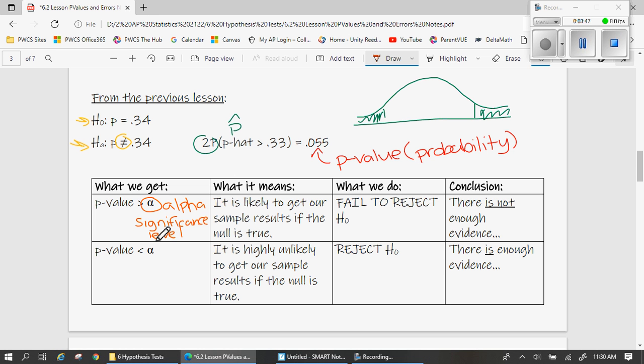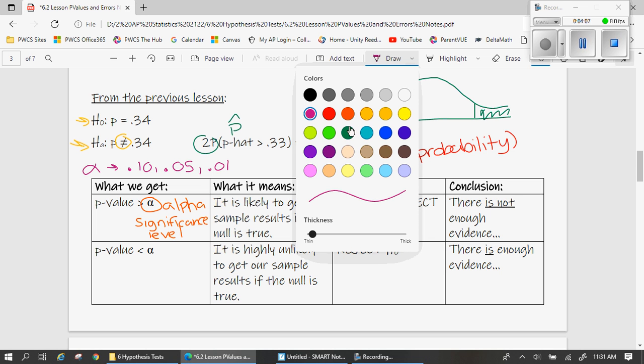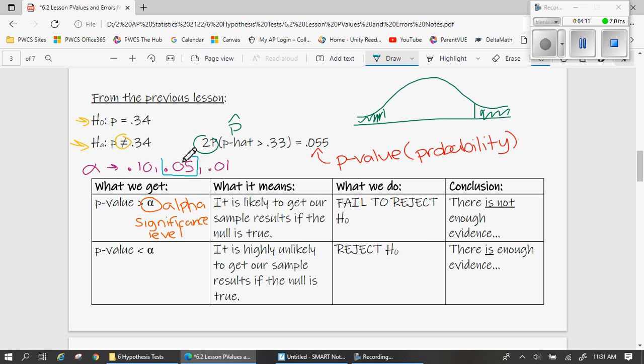Some common significance levels are 0.10, 0.05, and 0.01. Of course, there could be other significance levels. These ones are common ones. And unless otherwise told, we are going to use 0.05 as our significance.